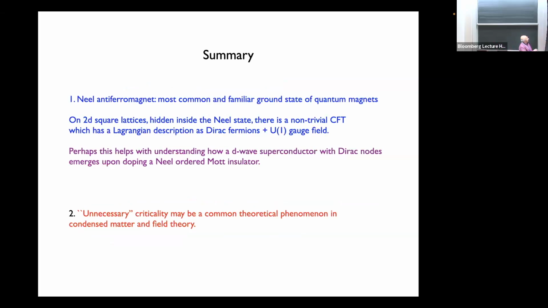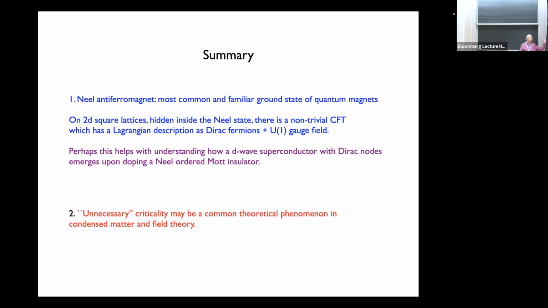So the summary is that we're still learning things about the Neel state on a square lattice, the world's best studied phase in quantum magnetism, and the phase that's routinely seen in experiments. Hidden inside the Neel state, if you tune one parameter, I can't tell you which parameter in a lattice system to tune. This methodology doesn't give me that control.